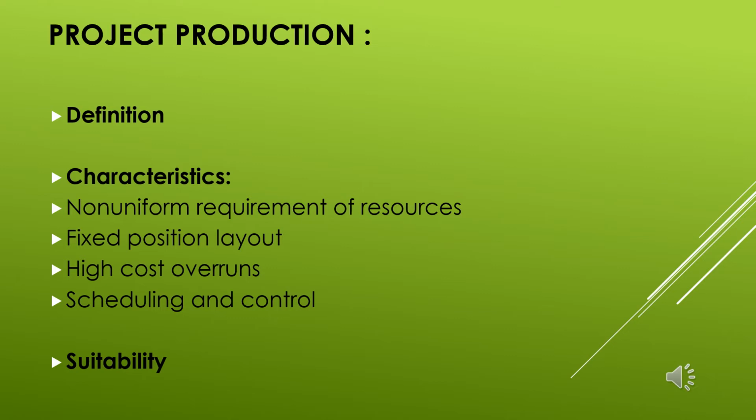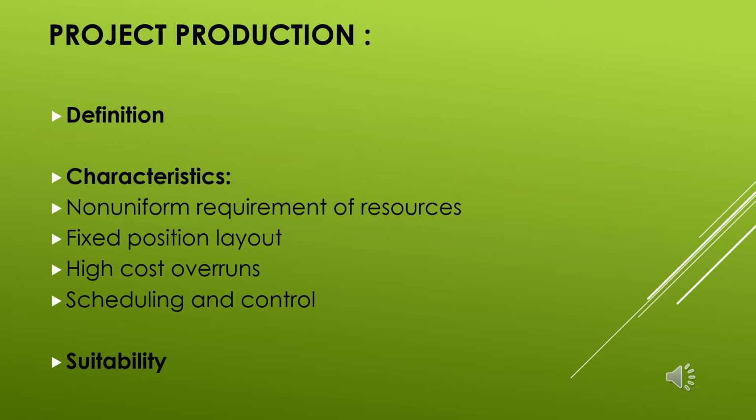Project production is basically a kind of production system where a single assignment of a complex nature is generally undertaken for completion within a given period of time with a given estimate of the expenditure. The output of this particular project is a product, and such products are generally characterized by immobility during transformation.